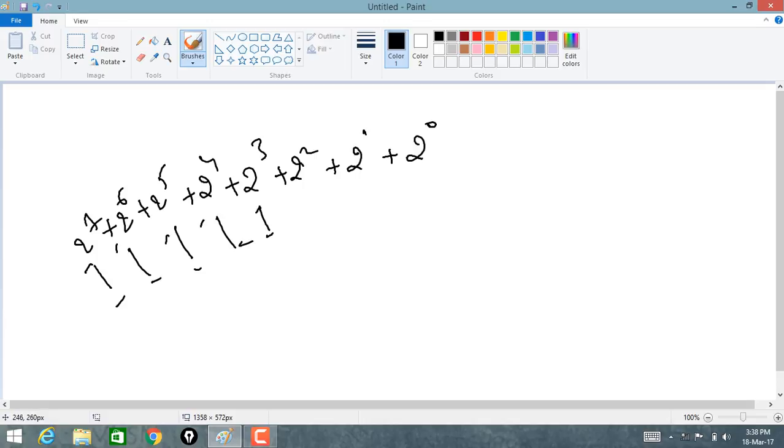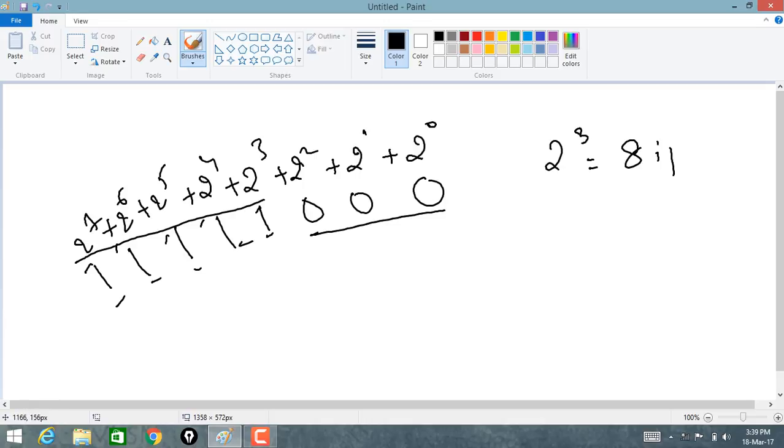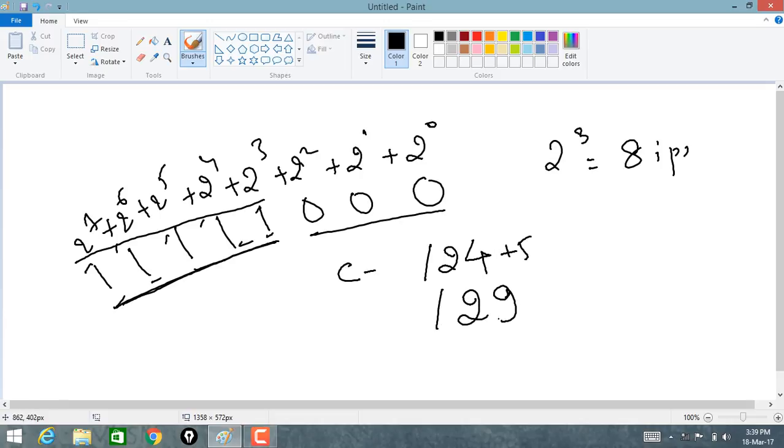I will make these 1 till 2 power 3, and the rest I will make zeros. So altogether 3 zeros, which gives us 8 IPs, and the rest is 1. For class C the default is 24, and you can add 5 more to it. So it will be /29.